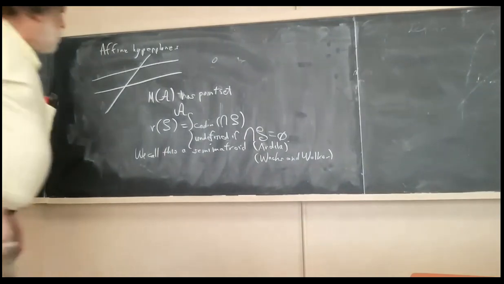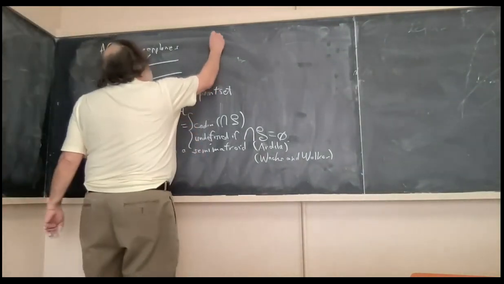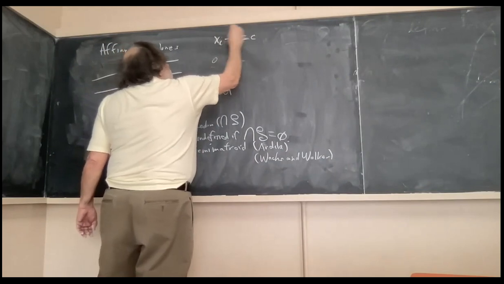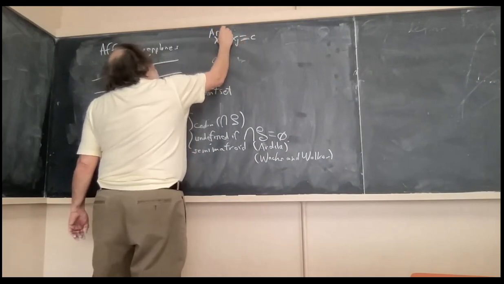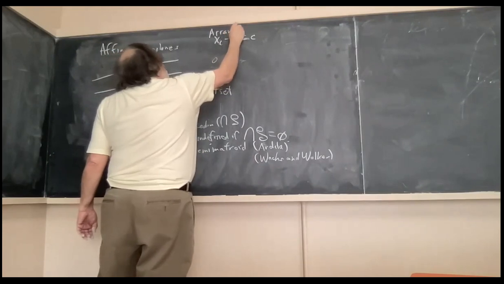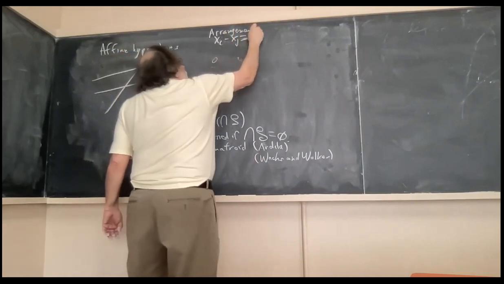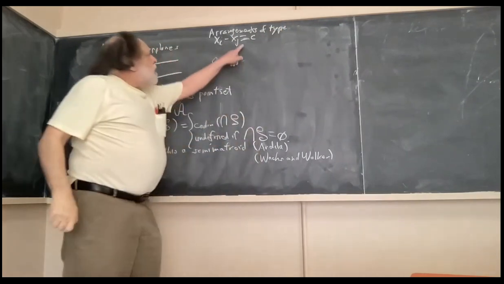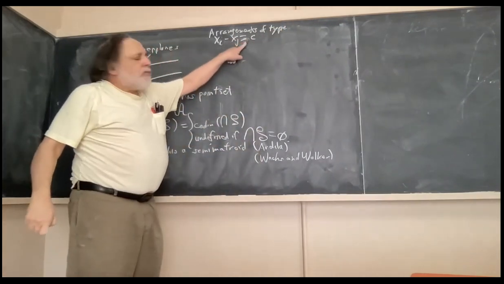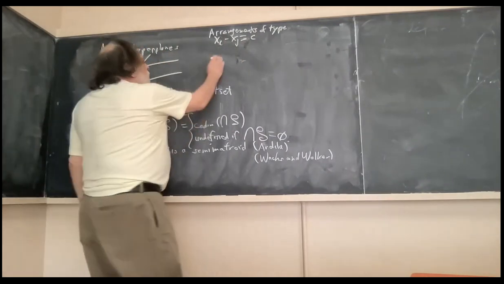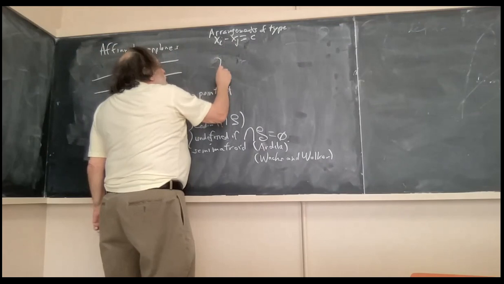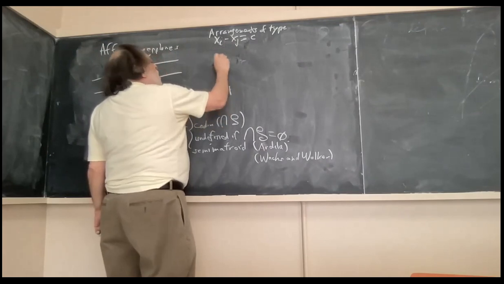So for x_i minus x_j equals c, let's say arrangements of this type, by which I mean that every hyperplane has an equation of this type. For arrangements of this type, we want to have the, let me start the other way.